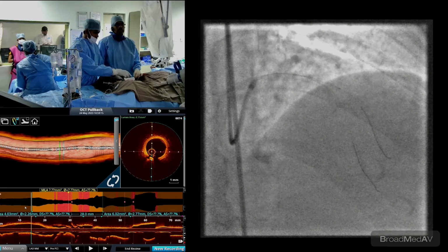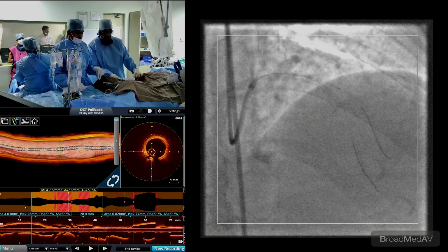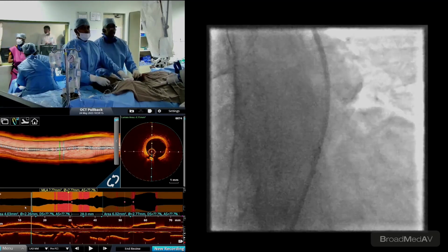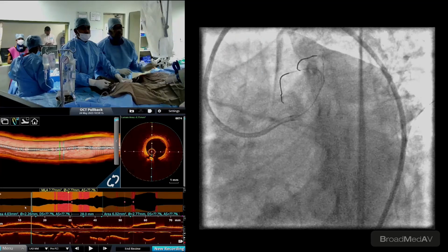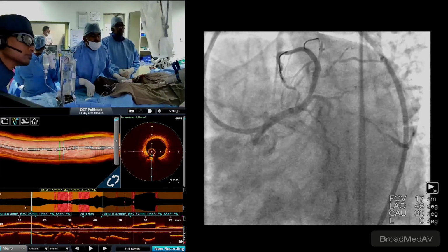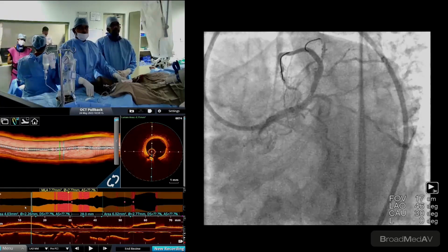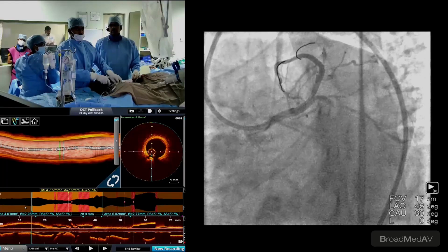Okay, let's take an LAO caudal. I think it looks good. Yeah, it looks pretty good. So let's do the POT and then see what you have to do for the recross.